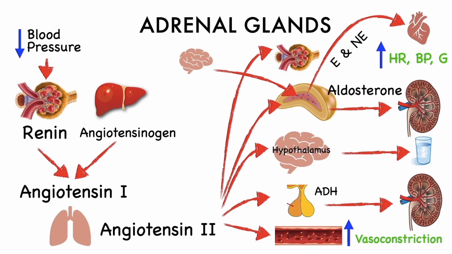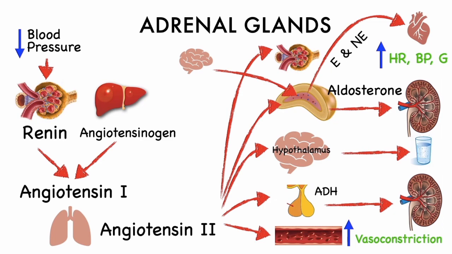So they send a signal to the juxtaglomerular cells, or the glomerular cells, and the glomerular cells release a hormone called renin. Renin gets dumped into the blood, and angiotensinogen that's made in the liver also gets dumped into the blood, and it's converted into angiotensin 1. The angiotensin 1 up in the lungs gets converted one more time by ACE to become angiotensin 2.